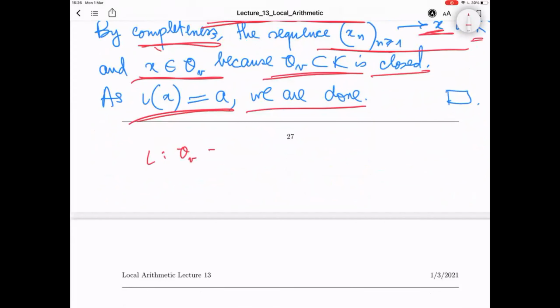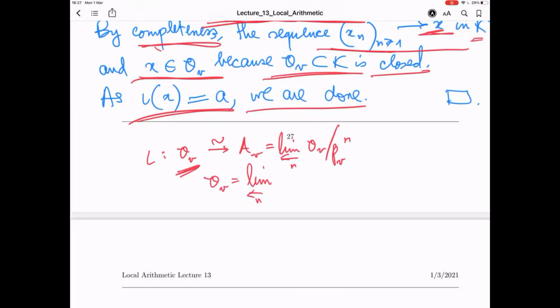So this iota, which is a map from OV to AV, where AV was the limit over n of OV modulo PV to the power n, is an isomorphism. Therefore another way of saying it is that you just identify OV with this inverse limit.